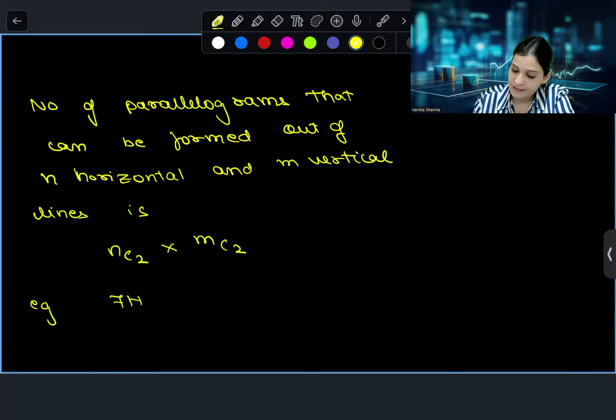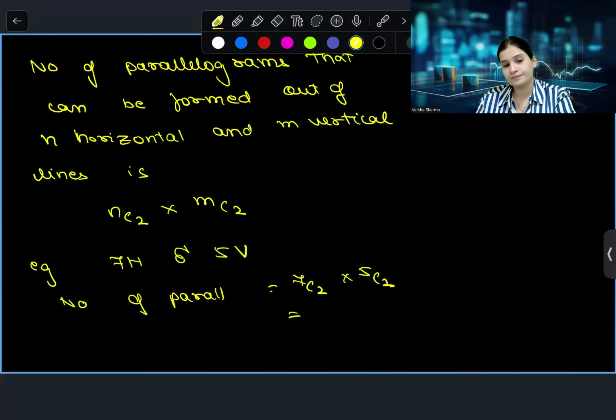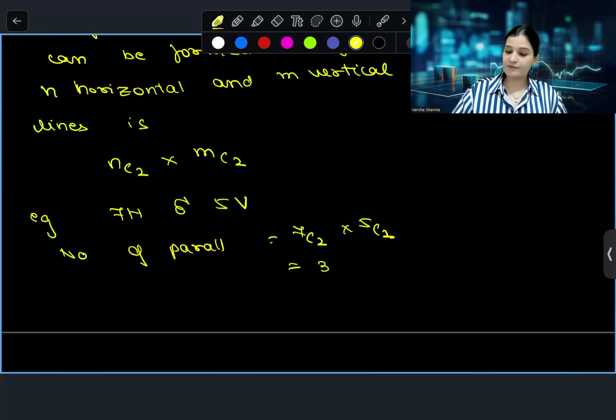Example, if I have 7 horizontal and 5 vertical, then whether you ask me parallelogram or rectangle, it's the same answer. 7C2 multiplied by 5C2. Answer: 210. This is 21 and this is 10. So 210.